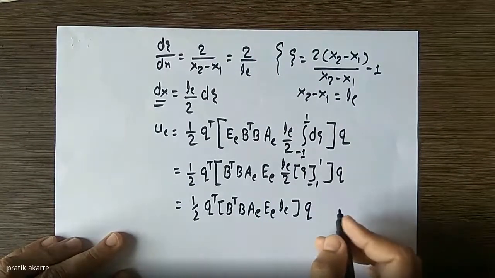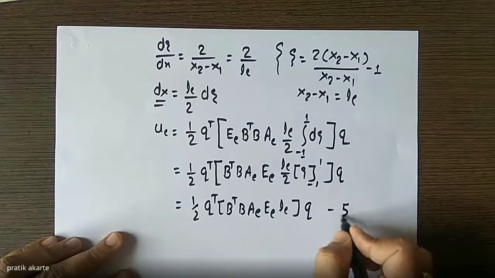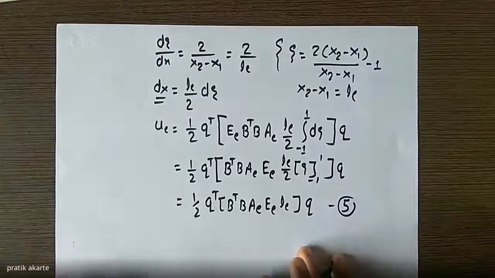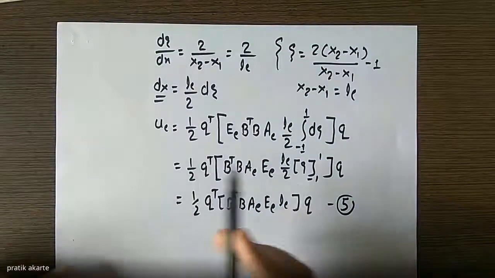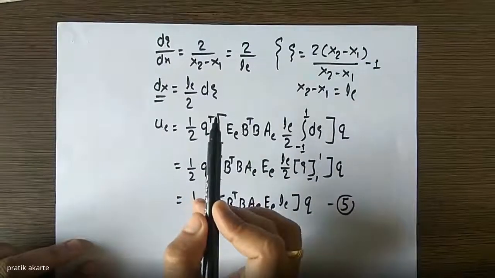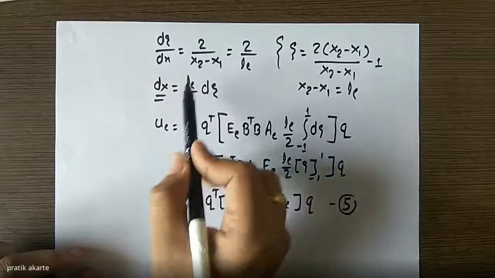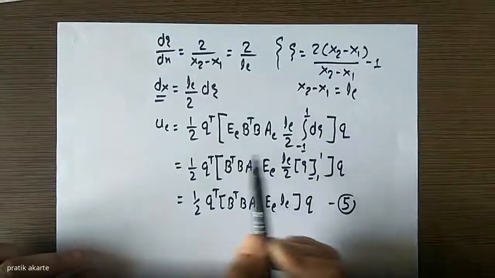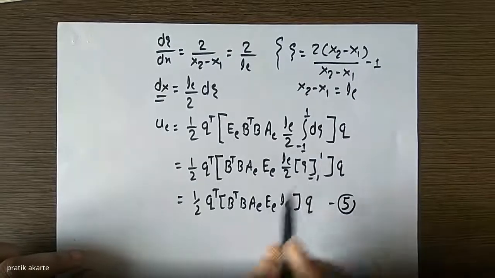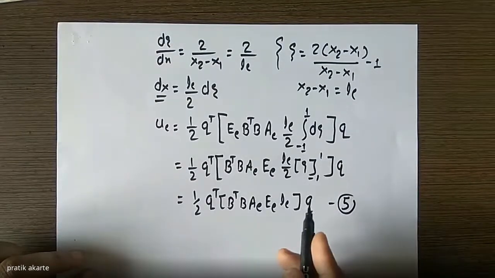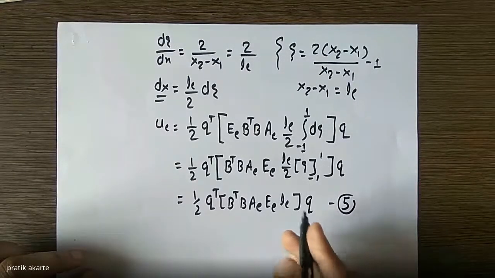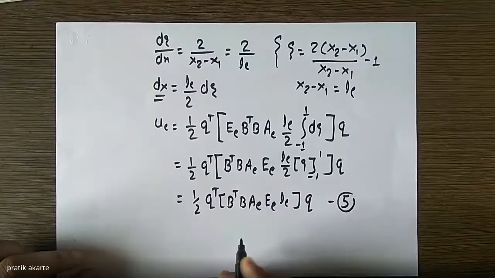So this is my equation number 5. Simply, I have the small dx term, the finite area that I have considered, and I have converted it in terms of the natural coordinate, and after performing the mathematical operations like integration and rearranging the equation, I got equation number 5.